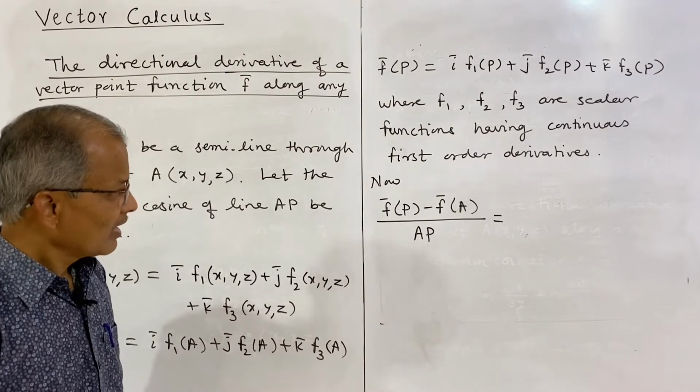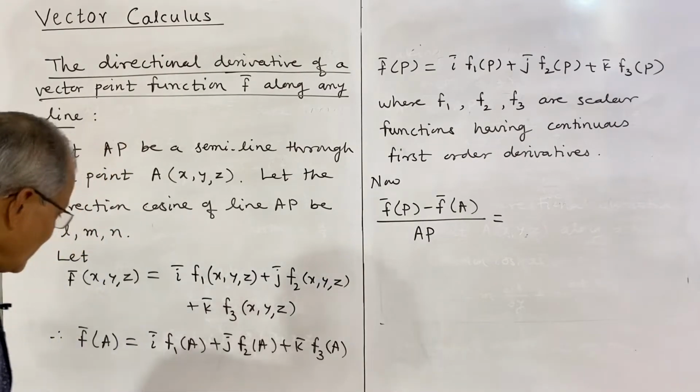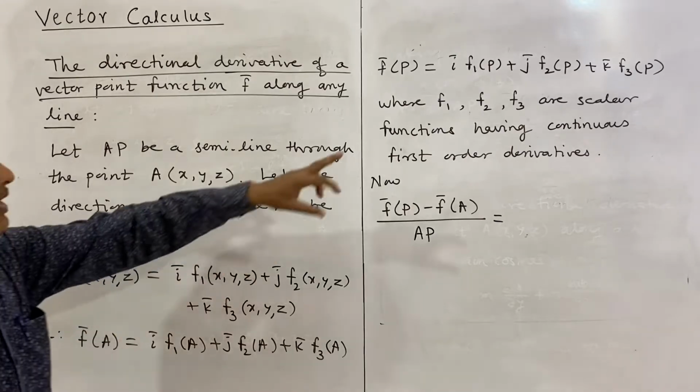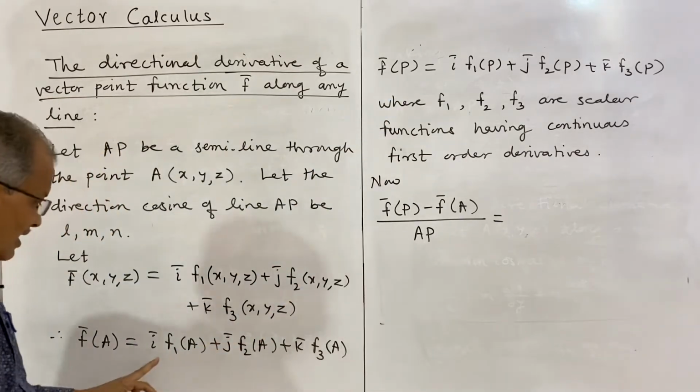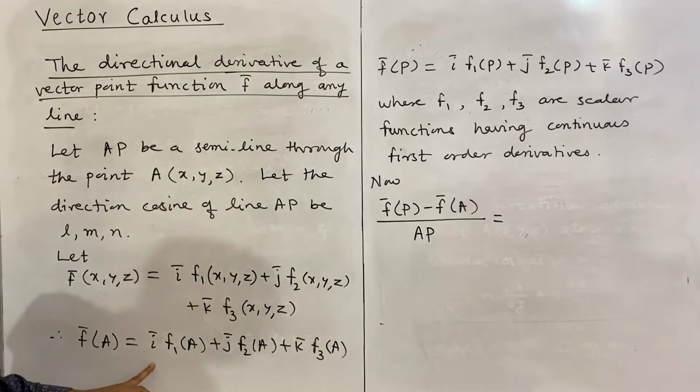And what is f bar P? Here we have written f bar P, and here is f bar A. So we have to subtract this and divide by AP.